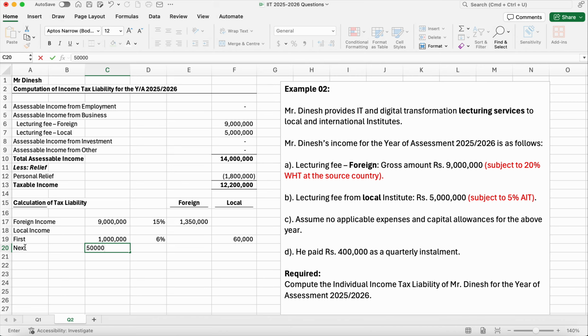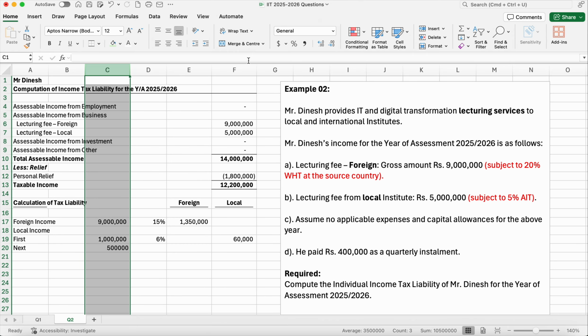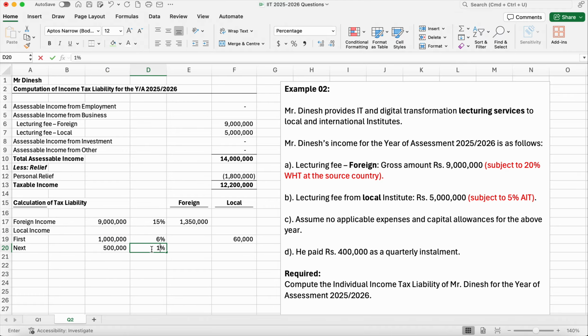These slabs I'm taking as per the law, because there's no need to wonder how I'm taking these slabs. Only foreign income we can take directly, and then these slabs are predetermined as per the law, then we need to go with that. So 18%, the rate I'm also applying as per the law, right?